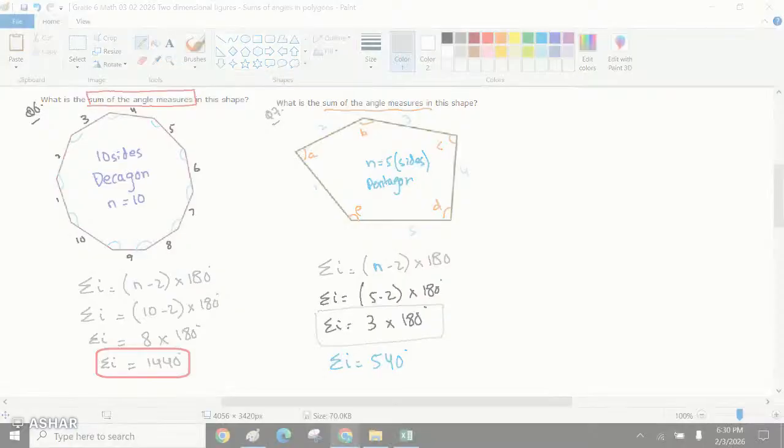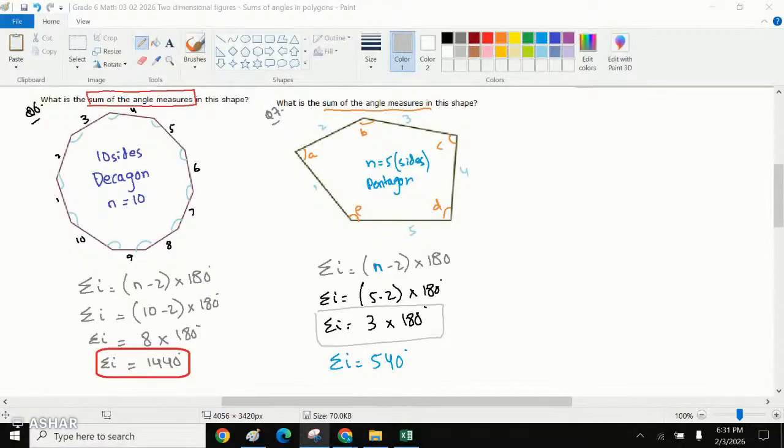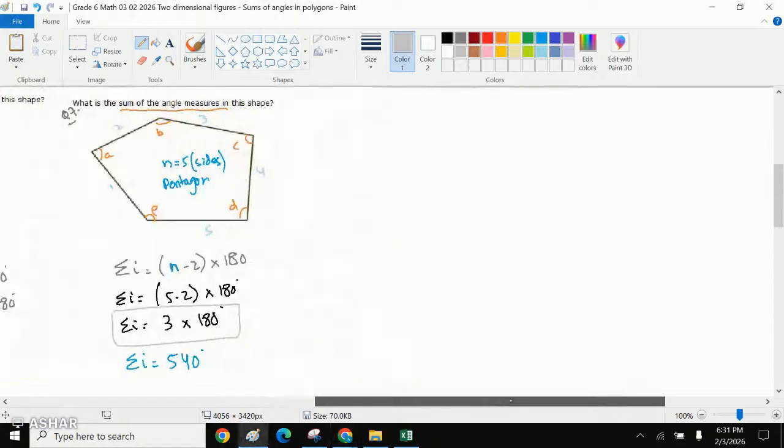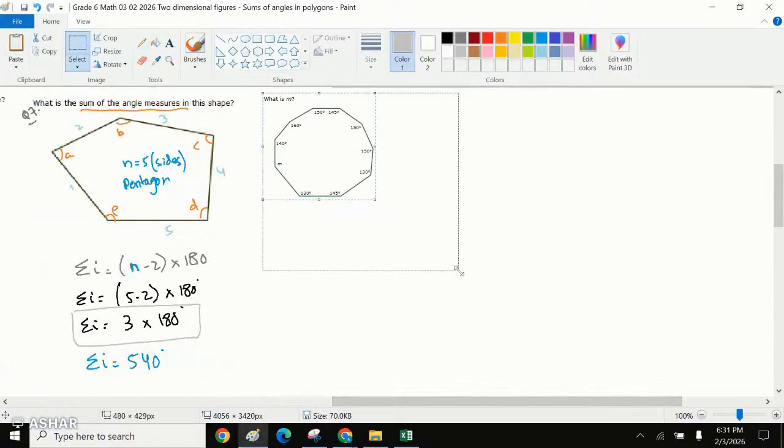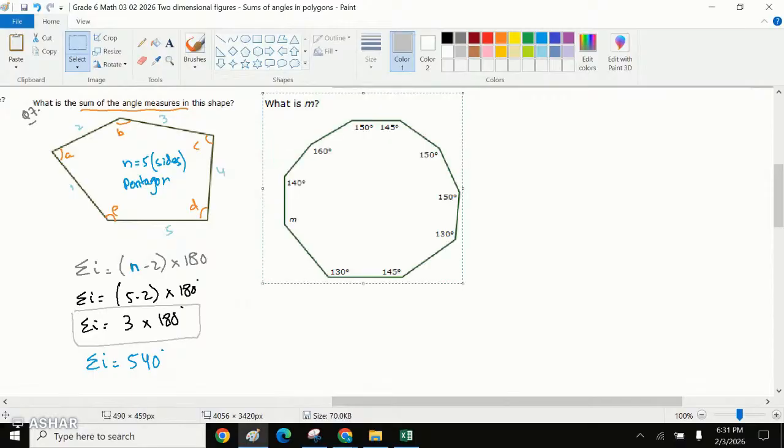Okay, in question number 8, they are asking us to find the missing angle. First thing first, can we count the number of sides? We need to find the angle M. This needs to be found out, right? How many sides are there?